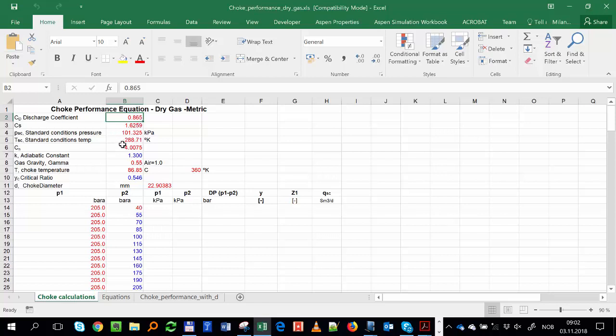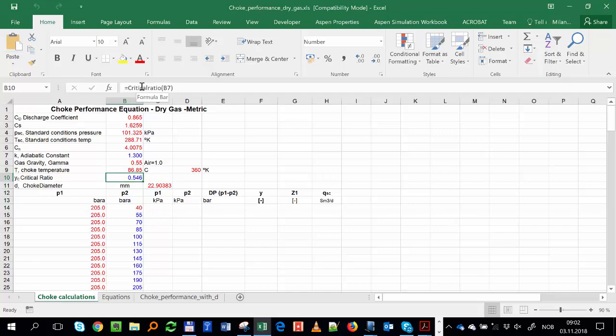Let's see what else we have. We need standard conditions, pressure and temperature. We have that Cn. We have this adiabatic constant, which is the Cp over Cv. We have the specific gravity of the gas, the inlet temperature, and the critical ratio.